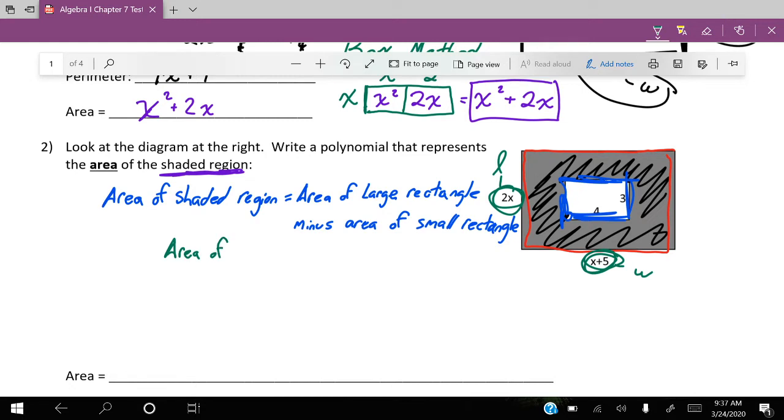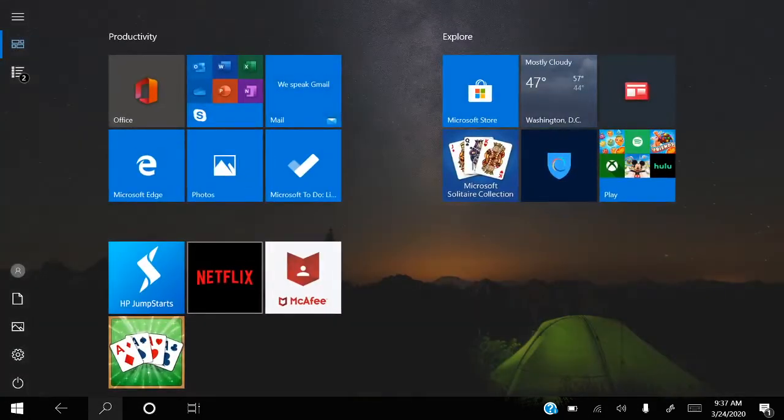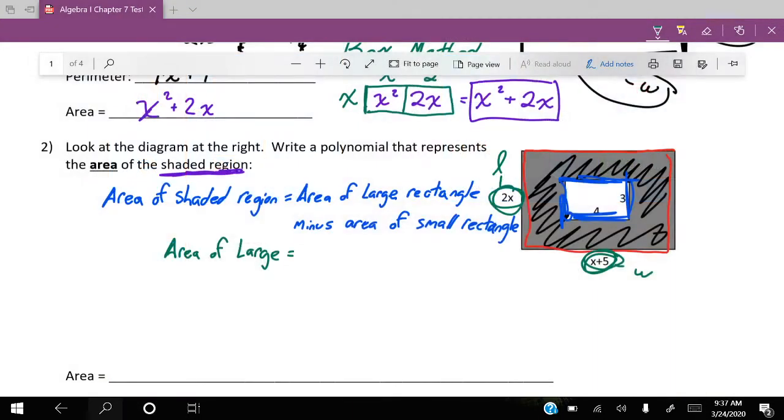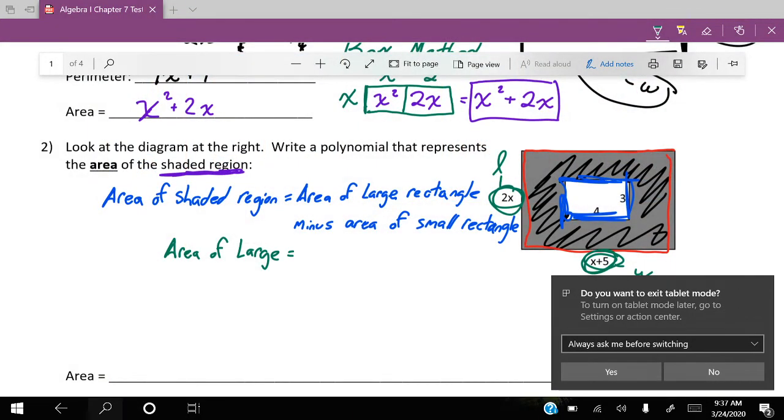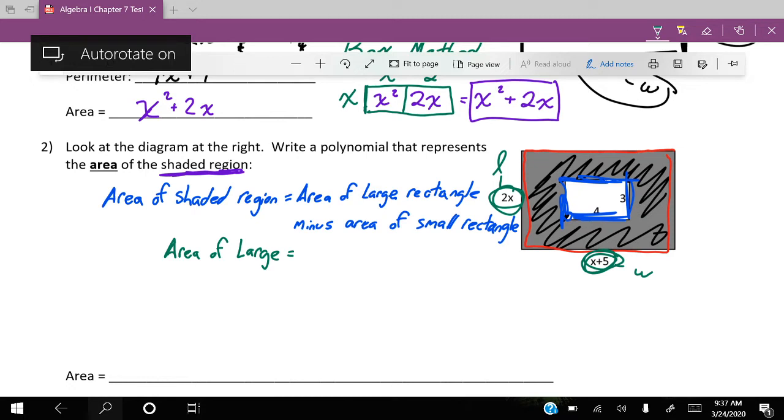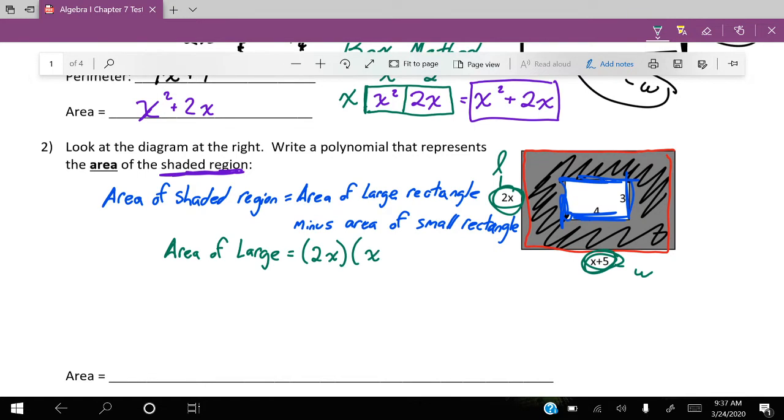So I'm going to say area of large. All right. So we know that it's length times width. The length happens to be 2x. The width happens to be x plus 5. So we're going to say length is 2x. The width is x plus 5.